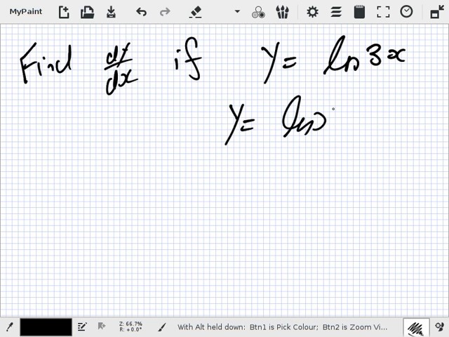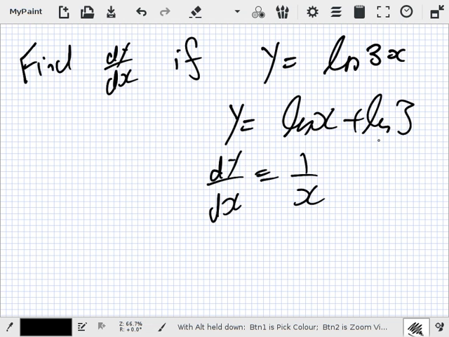We can change this into log x plus log 3. Which rule of logs is that? The first rule. Now, what is the derivative of log x? 1 over x. And what's the derivative of log 3? 0. Why? Because it's a constant, and we said derivatives of constants are 0. So the answer is 1 over x.